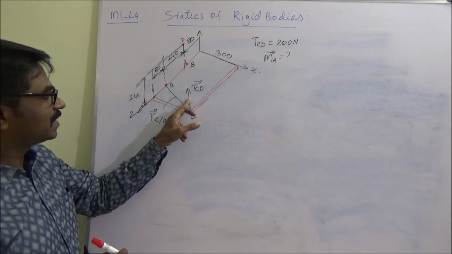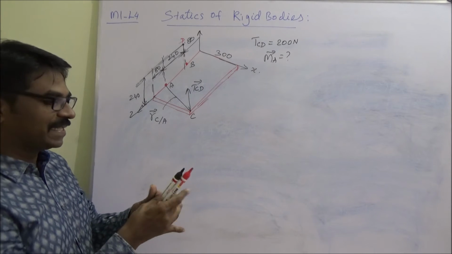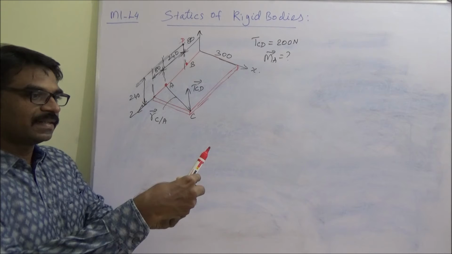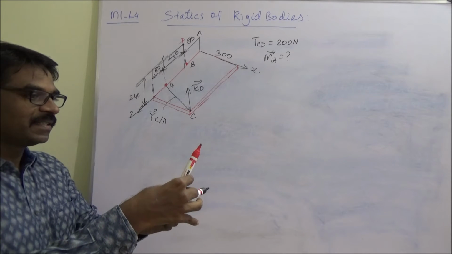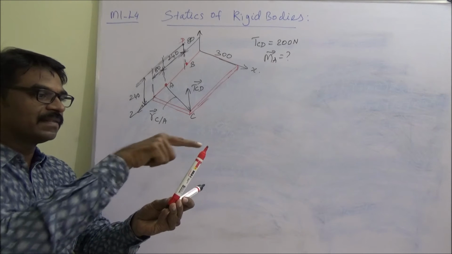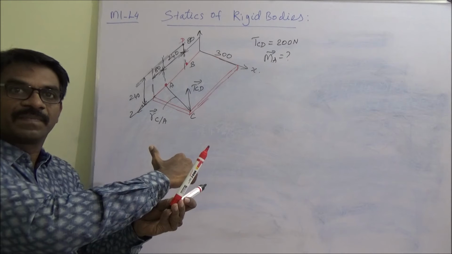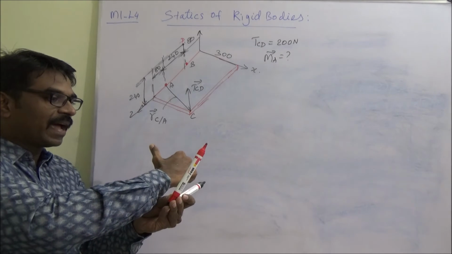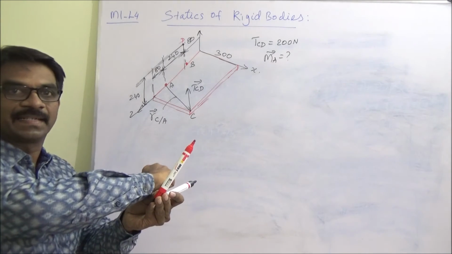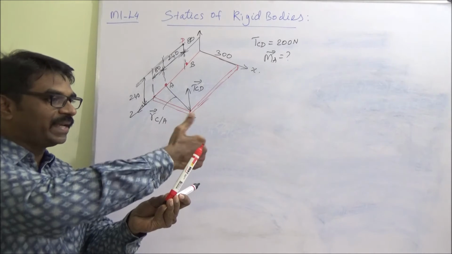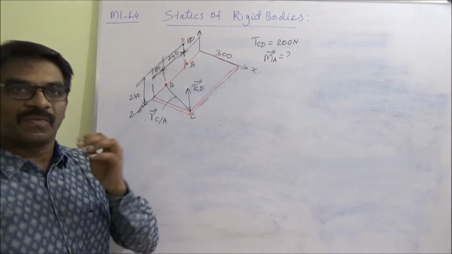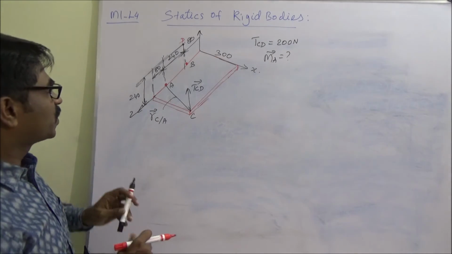This vector is actually in space, and this is the position vector, and this is the tension vector, and the moment direction would be perpendicular to this plane, something like this, about A. Then it will have X, Y and Z components. That is what we have to find. Okay, now we'll solve that.